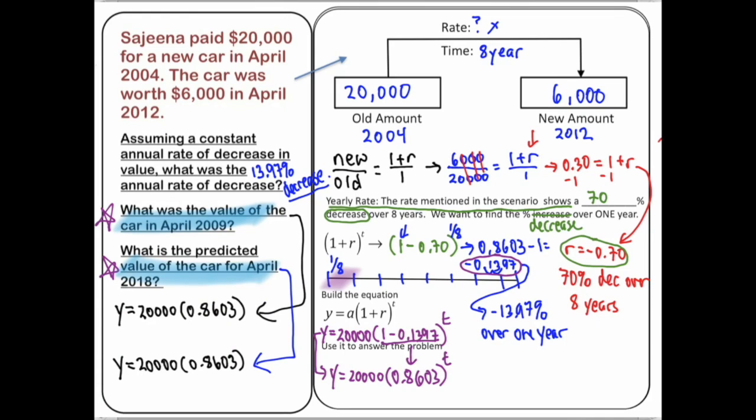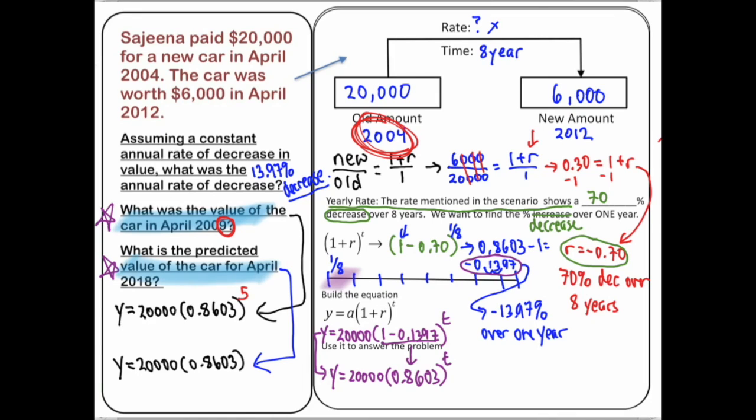Okay, so for the first one, we have 2009. What we're going to do is home in on how many years have passed since we started in 2004. How many years passed to get to 2009? Well, the answer is going to be 5.